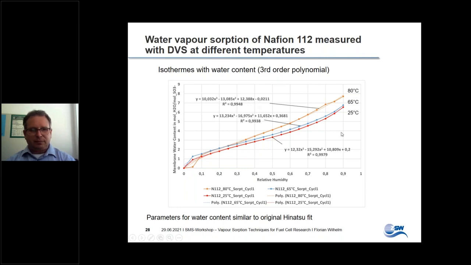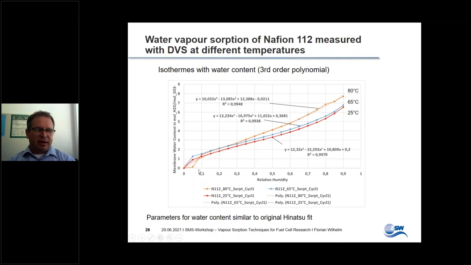And what one has to say is the fit at 65 degrees Celsius is rather similar to the original parameters of Hinatsu and colleagues, whereas at 80 degrees Celsius it starts to get a little different. Though Hinatsu also measured at 80 degrees Celsius, but with much older material, so an older generation of material.